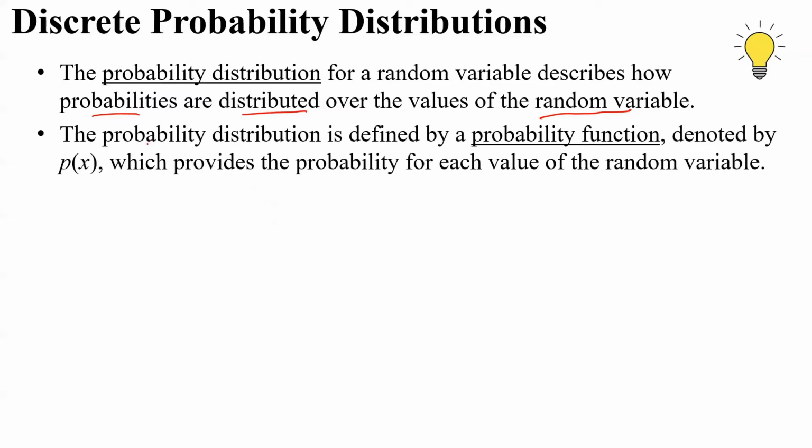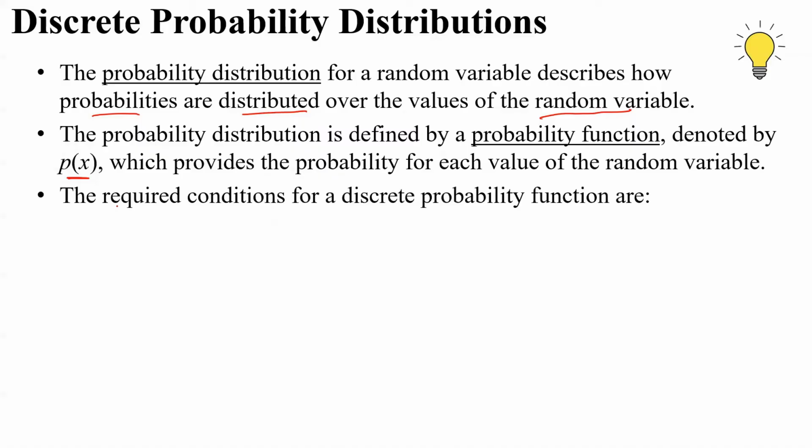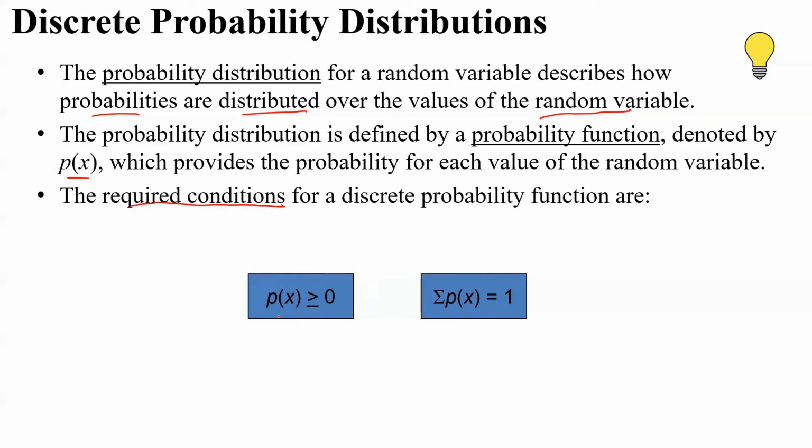Usually the probability distribution is defined using a function which we call p(x), where p stands for the probability and x is the random variable. It also requires two main conditions. First, the probability of the random variable has to be greater than or equal to 0, and second, the sum of the probability values must be equal to 1. These two conditions have to be fulfilled in order to meet the requirements.